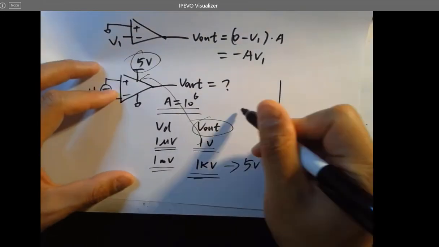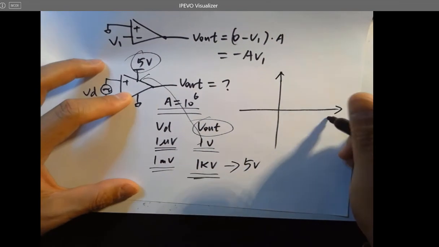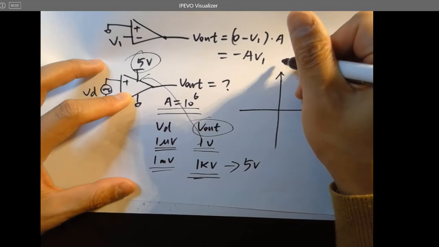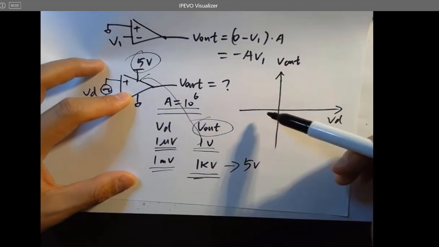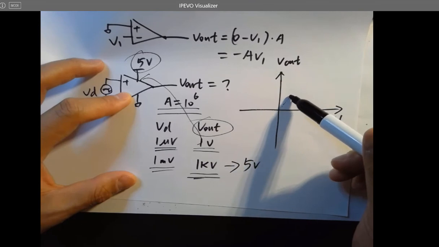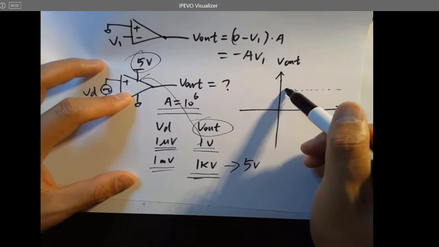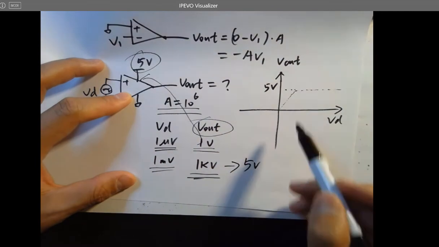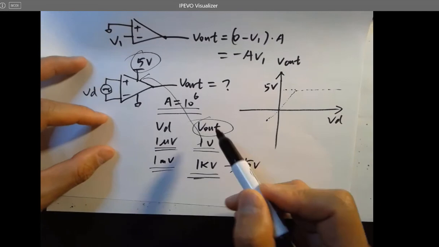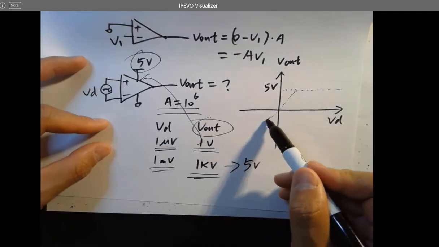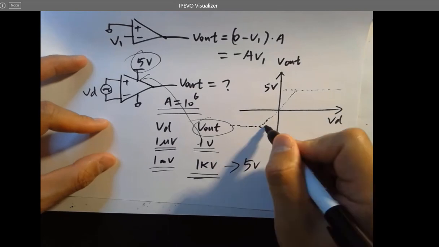If you draw a curve like this, where the x-axis is VD and here is V out, and you change VD linearly, until some point your V out is not going to change anymore because it's going to be saturated at 5 volts. It's the same as you decrease VD in the negative direction; at some point it's going to be saturated as well.